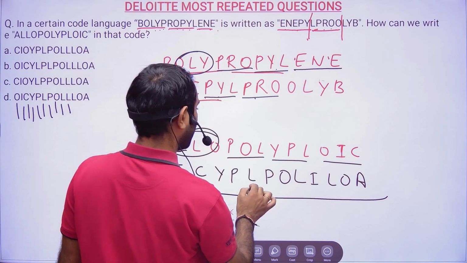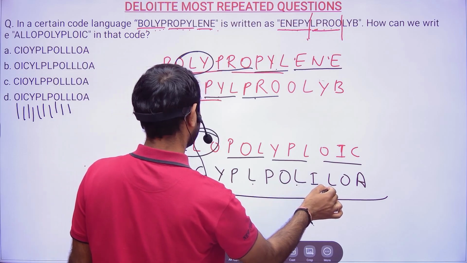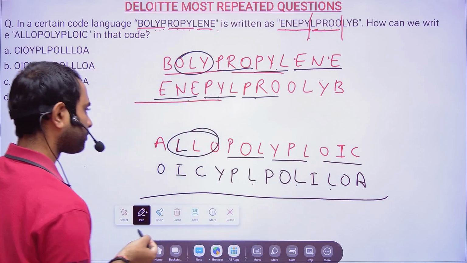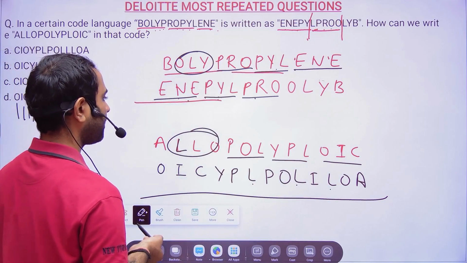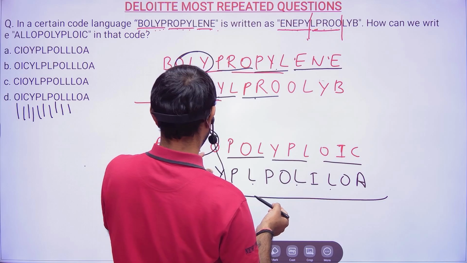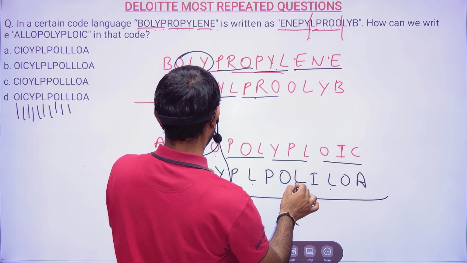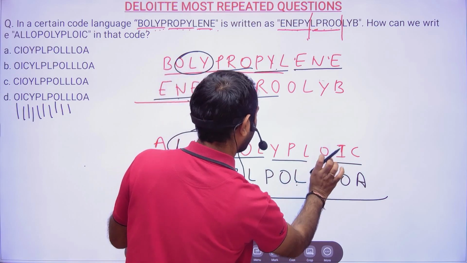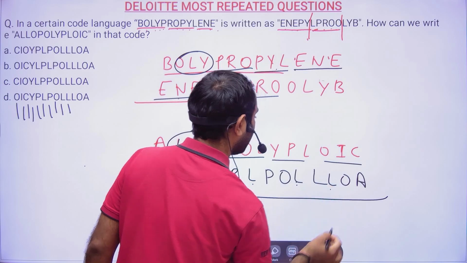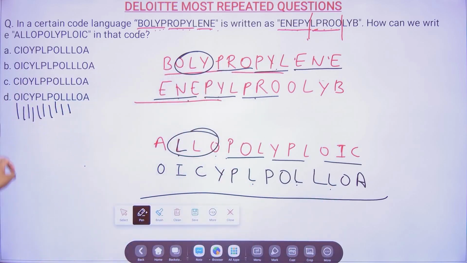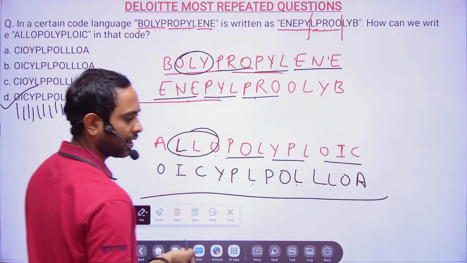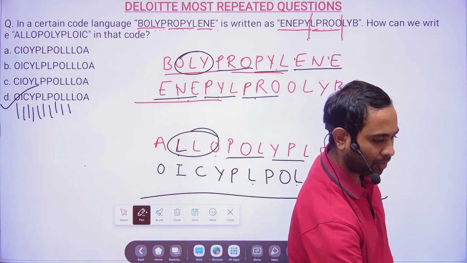So we have 1, 2, 3. O, I, C. Okay. And here, P, O, L, and then L, L, O. So here triple L. So option D will become the correct answer for this particular problem, right?